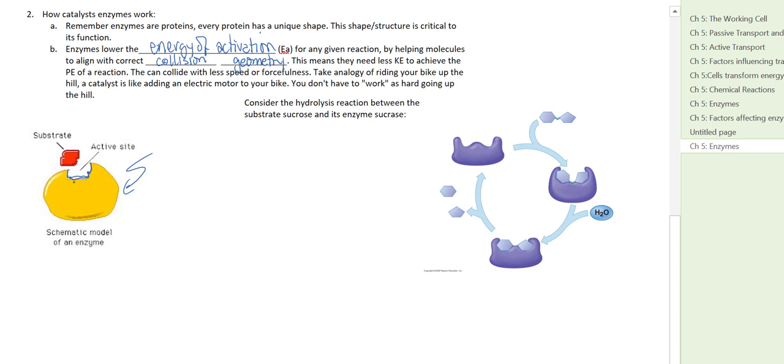And what happens, much like in the video, when an enzyme binds onto the substrate, it does so at a location called the active site. So this is a uniquely shaped region of the enzyme where the substrate binds.